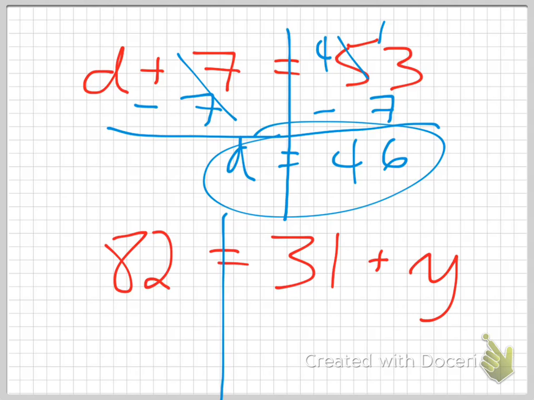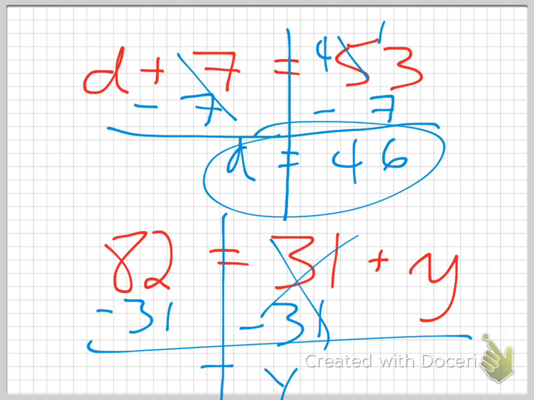Okay. How do I get rid of that 31? Minus 31, minus 31. Whatever I do to one side of the equation, I have to do to the other right away. They're gone. Y equals 82 minus 31 is 51. You can leave it like that, or you can go y equals 51. You can immediately flip it. I don't care. Whatever. How many of you got both of those? Excellent. You guys should be fine.